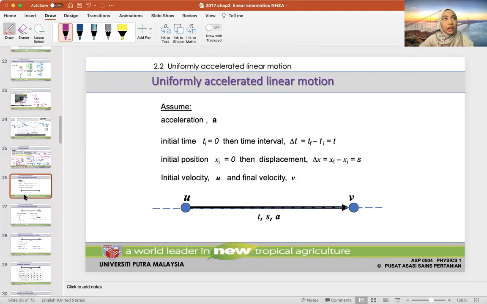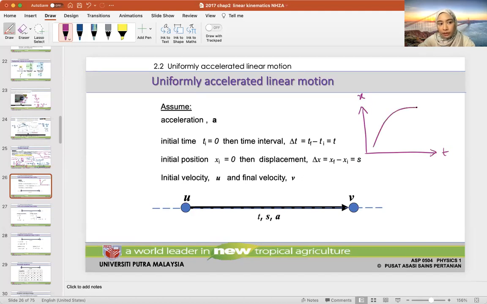Okay, remember what have we learned today? Kita belajar pasal average velocity, which is the change in displacement over the change in time. Berbanding dengan instantaneous, we take at a shorter duration of time. If we have a graph of displacement versus time, let's say this is x and this is t, and displacement is like that.